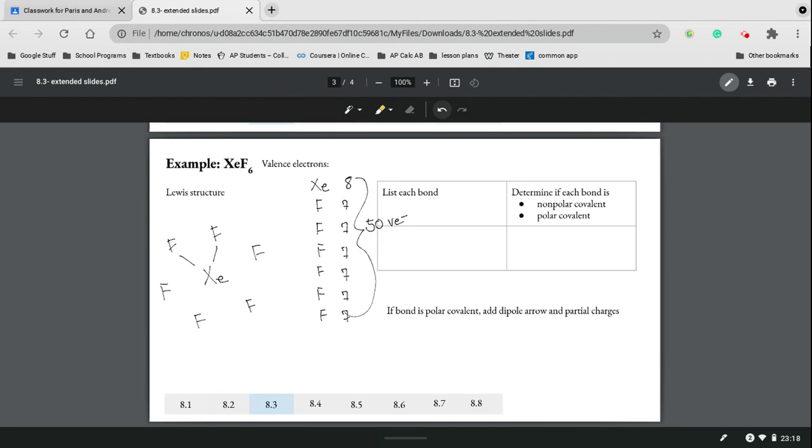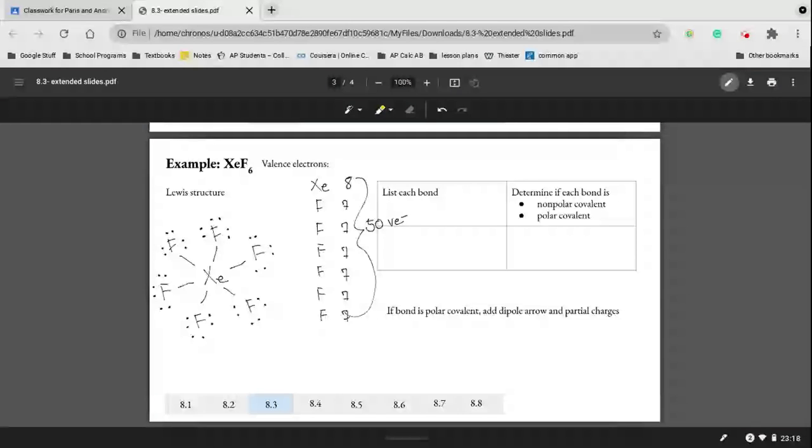1, 2, 3, 4, 5, 6, 7, 8, 9, 10, 11, 12, 13, 14, 15, 16, 17, 18, 19, 20, 21, 22, 23, 24, 25, 26, 27, 28, 29, 30, 31, 32, 33, 34, 35, 36, 37, 38, 39, 40, 41, 42, 43, 44, 45, 46, 47, 48.